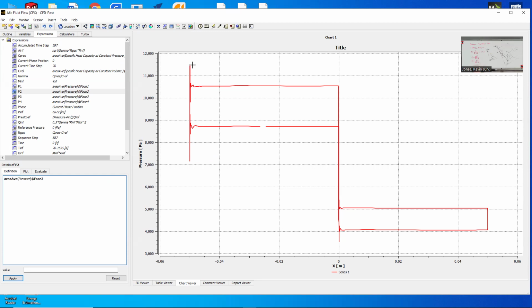Before they did it, you get big positive spikes, but you also get big negative spikes. And if you don't control this, the spikes can get big enough that you would actually get negative pressures, which is possible. And so the codes would just crash. So now they have these TVD schemes, total variation diminishing schemes, that try to limit how much these oscillations can be, just to make sure you don't go unstable.